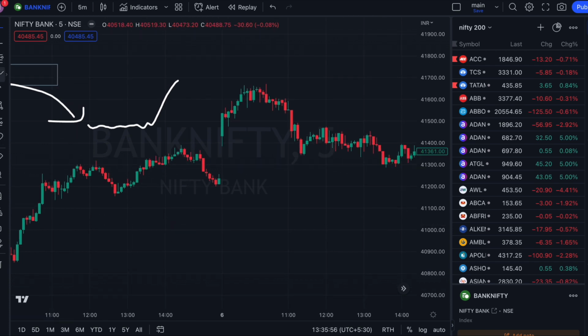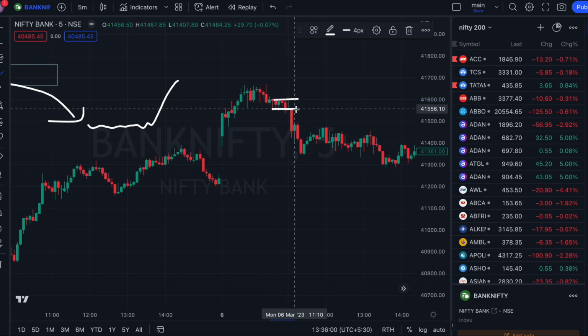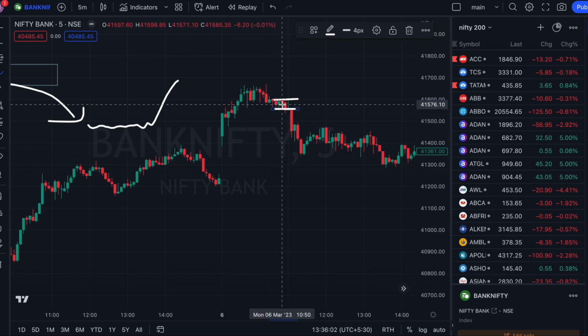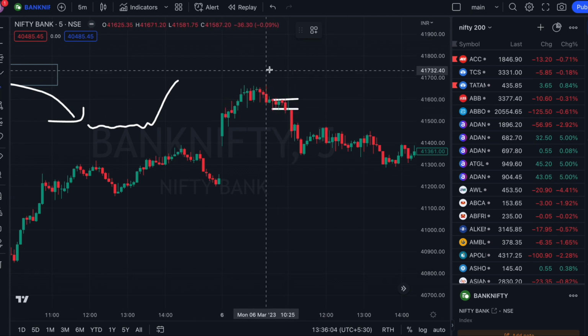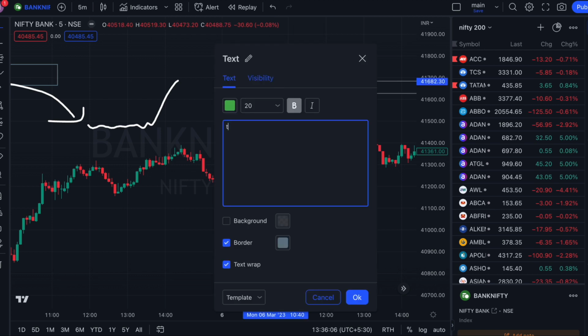So you can see structures like this. This is called a short build-up. And what is the condition? The condition is there has to be at least 3 small candles followed by a strong candle.